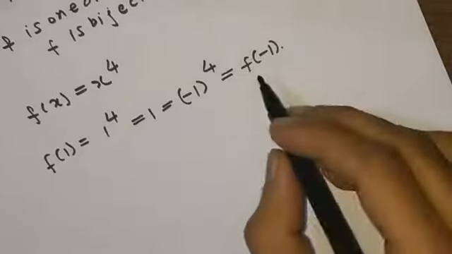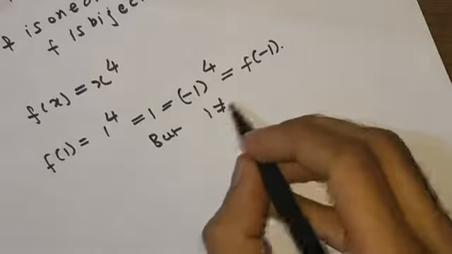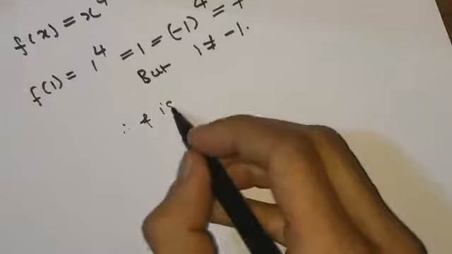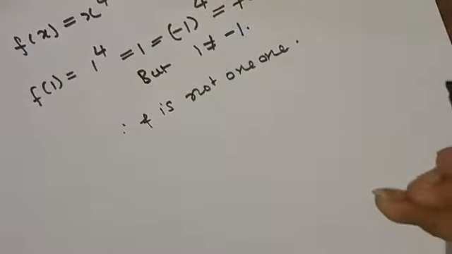So you are getting f(1) = f(-1), but 1 is not equal to -1. So therefore f is not 1-1.